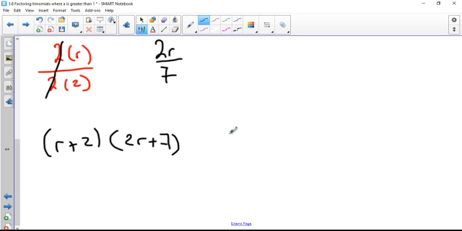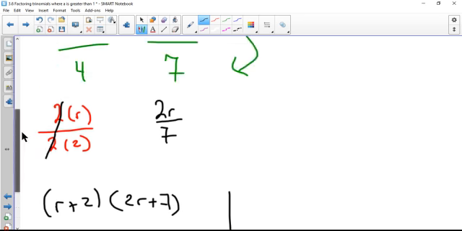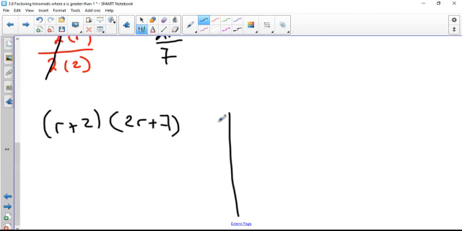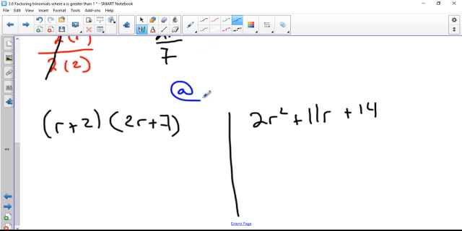Okay, so just again doing a quick check. I'm just going to leave this answer here at 2r squared plus 11r plus 14. Again, I'm going to check at 1. So we're going to get 3 times 9, which gives me 27.